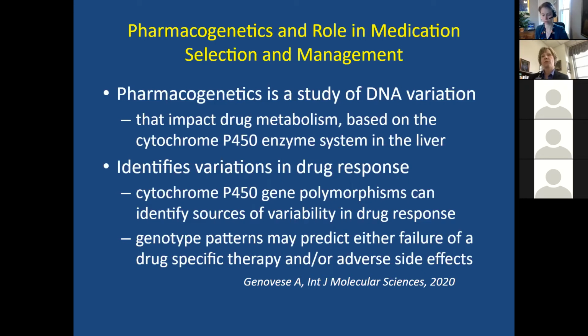And if there's a polymorphism in the gene that regulates that metabolism, then that's where you can see the variability in the response to the drug, either the drug not working as expected or having unexpected side effects. Dr. Butler and I recently published an article discussing that topic, as well as other genetic risk factors for autism. So a very comprehensive article. Next slide.